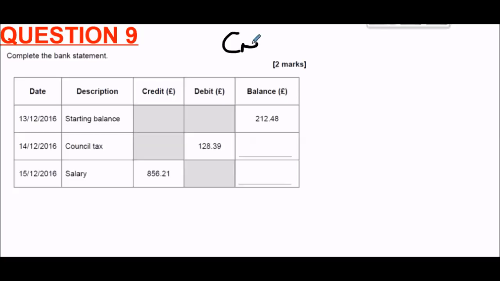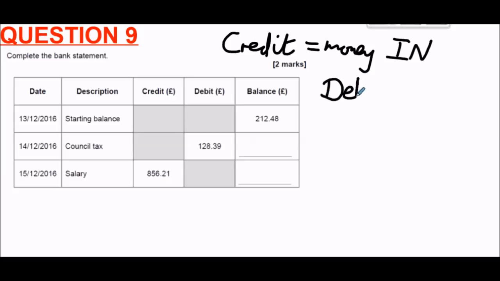So credit is good, as is money going into an account. So credit just means money in, and debit, you can't spell debit without spelling debt. So it's the opposite as well. Just as it begins with DE, so does decrease. Credit is money going in, debit is decreasing your bank balance, so that's money going out.